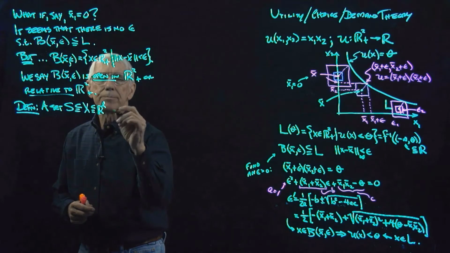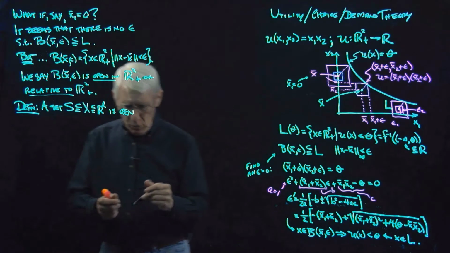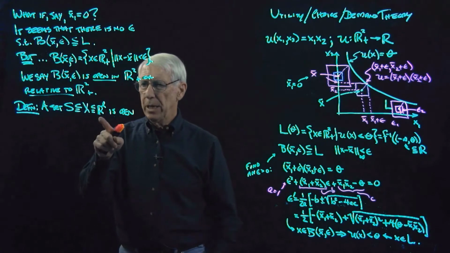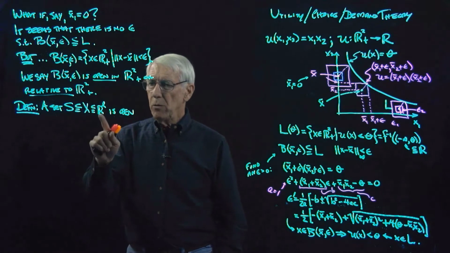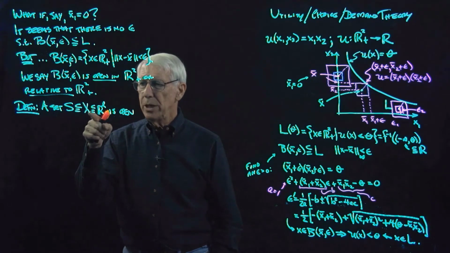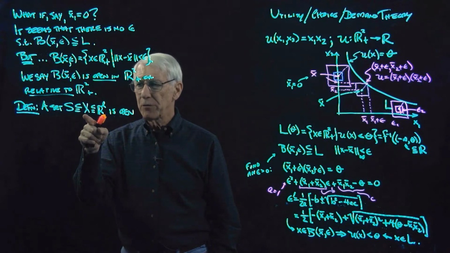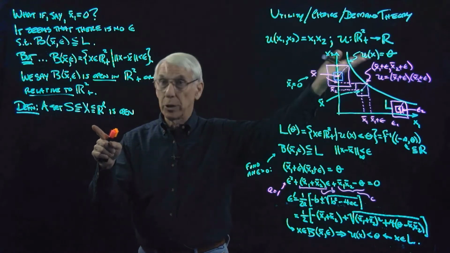So a set is open. Well, we know what it means to have the set open with respect to the overall space, but we want to say what it means for S to be open relative to the space that really matters for what we're doing, capital X, the domain of our function, for example.